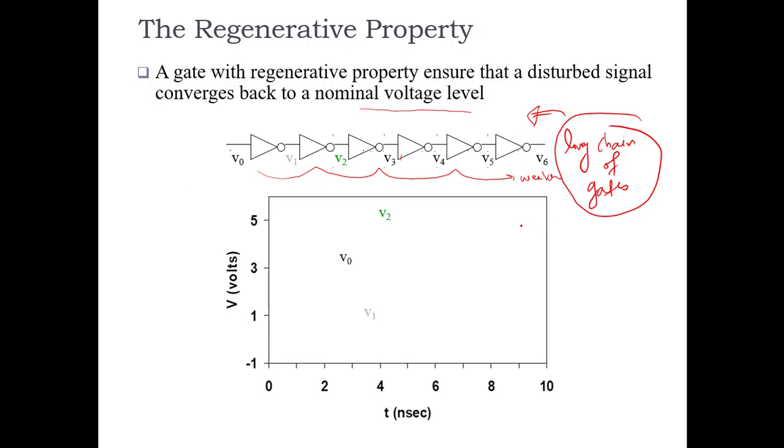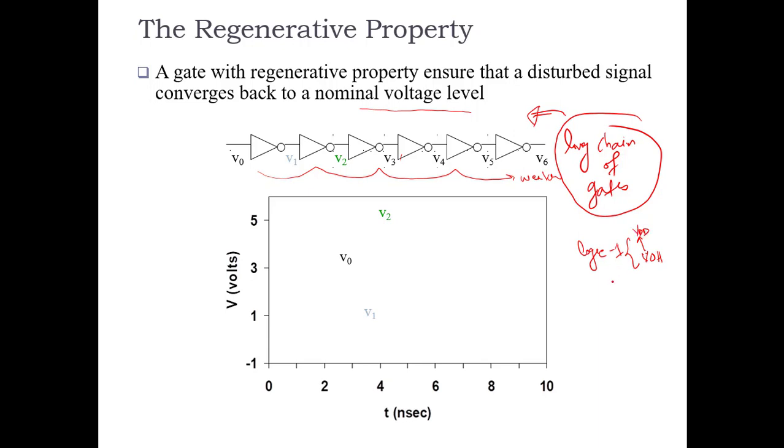Because of the logic thresholds that we discussed in the previous slides, a gate will always generate, for a logic 1, a voltage that is between VOH and VDD.